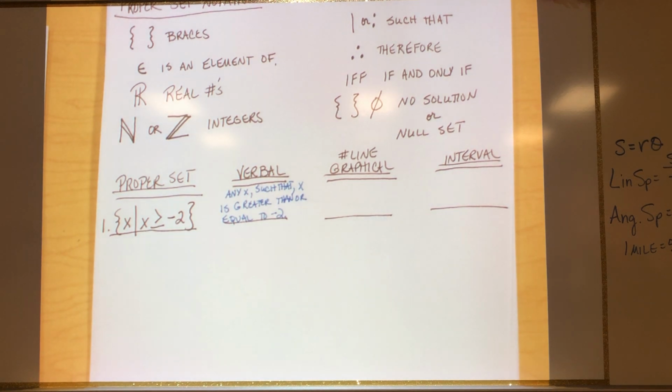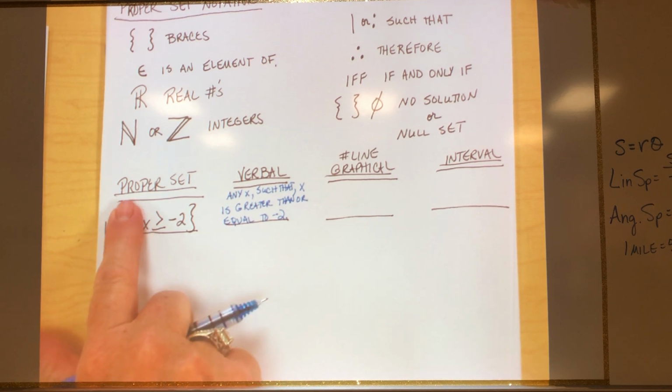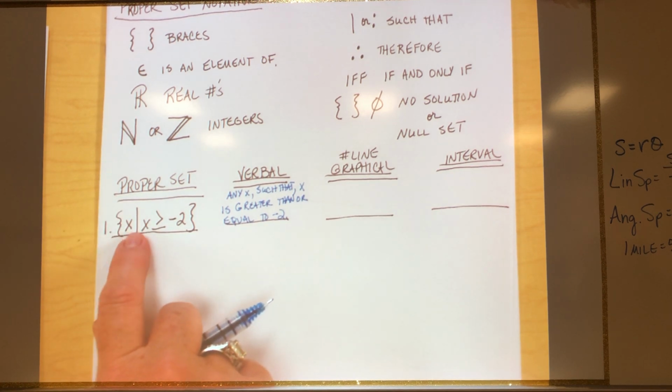All right, everybody okay so far? Okay, so this is new. I mean, you've seen inequalities, so all we did was take the inequality, we put it in braces, and in front of it we put any x such that.